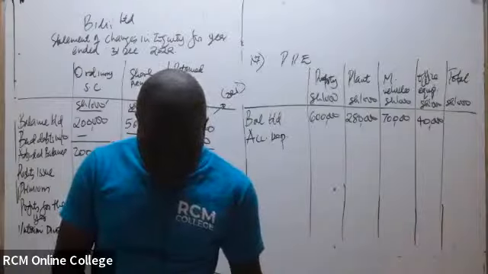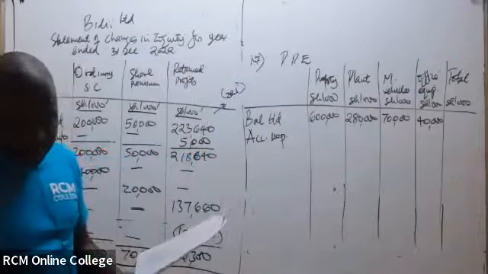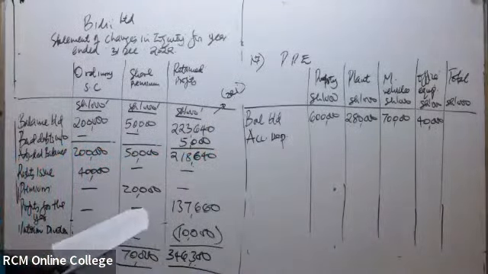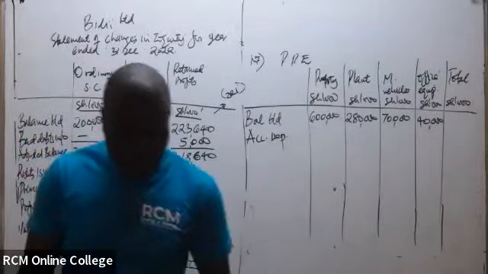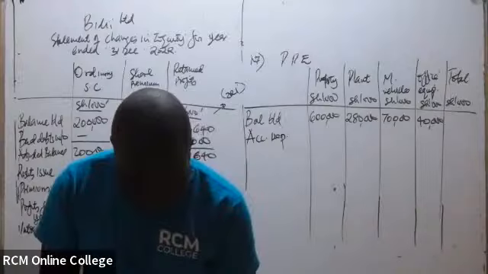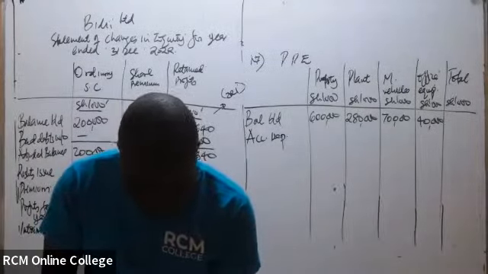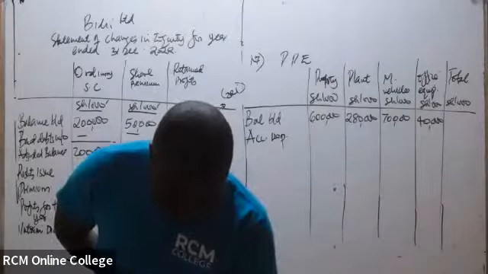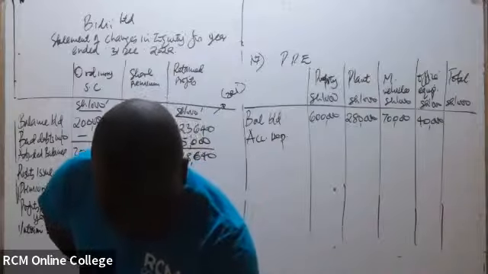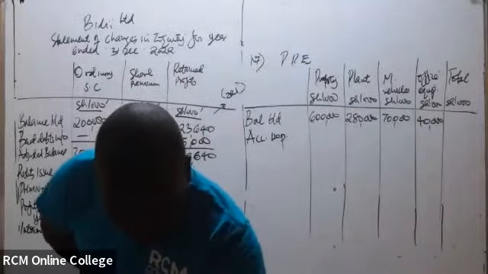Then there's this particular item here, this one for plant. If you look at working number 2, we had done some adjustments. Under working number 2, we had said the cost of plant was 280 million. But they disposed of an item of plant of 39 million.